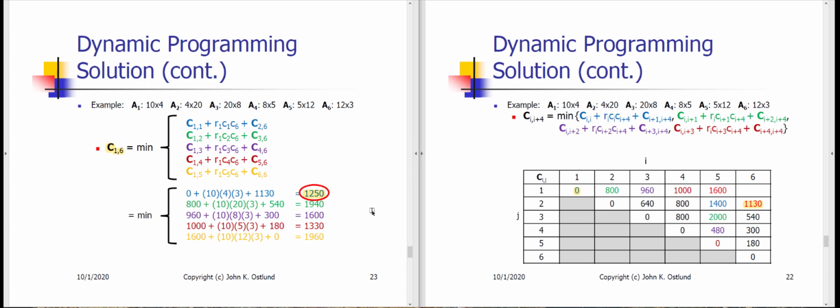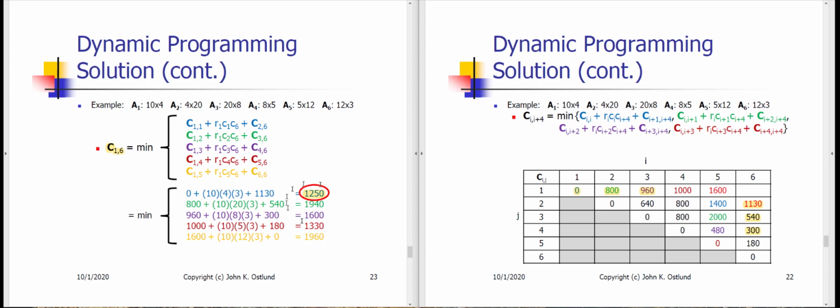Okay, so that first number computes to 1250. And we go through the same rigmarole looking up these two values in the table and computing row times column to get 1940. And then we have these two values from the table and row 1, column 3, column 6. That gets us 1600 and so forth.